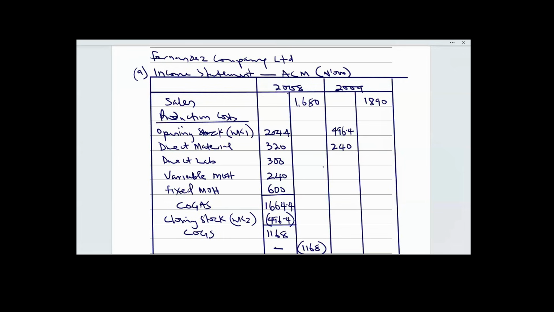What do you have as direct labor? 225. Okay. Variable overhead. 180. Then fixed manufacturing overhead. 3 naira multiplied by 150. That's 450, right? Here will be 450. Add it up.